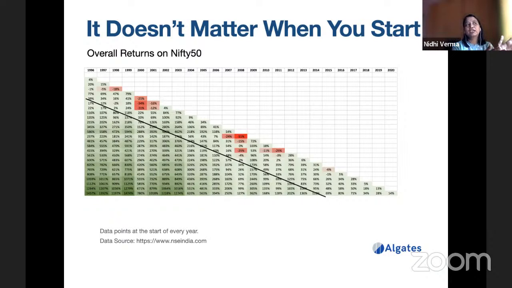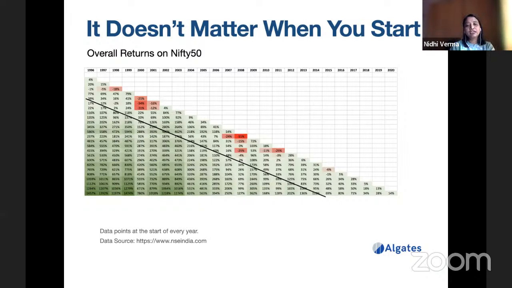But if you take the American markets for the last 100 years, you will see the pattern even during the Great Depression and other crises which happened in the past. This is the data from the Indian market, just the last 25 years.